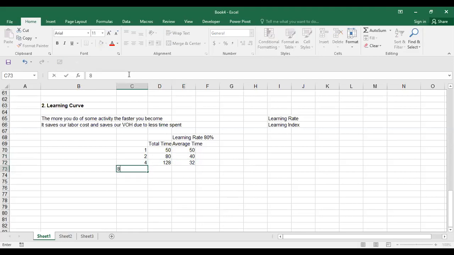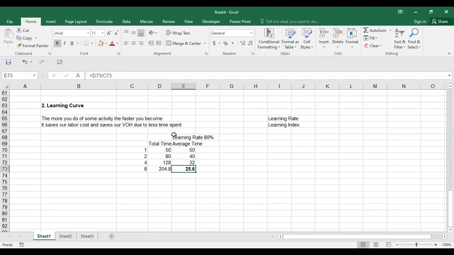And as your production doubles to 8 units, it is this multiplied by 2 into 0.8, which is 204.8. And you see that the average time is 25.6. Please pay attention: 25.6 is the average time for making 1 unit if the production goes up to 8.